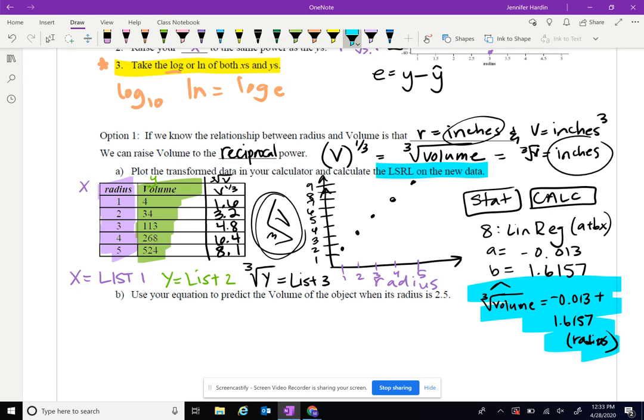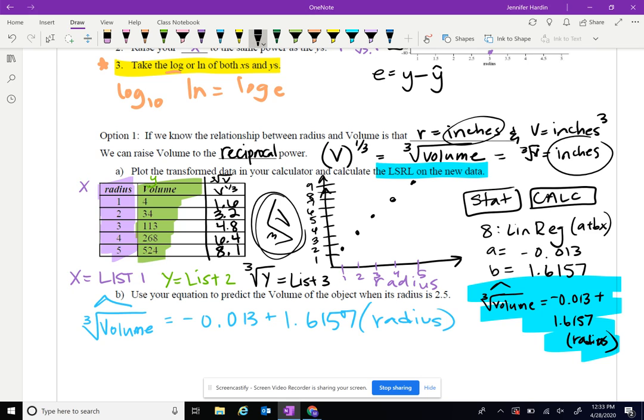So use that prediction equation to find the volume if you're plugging in r equal to 2.5. So again, you're not predicting volume straight off the bat. You're predicting the cube root of volume. Negative 0.013 plus 1.6157, plugging in radius.